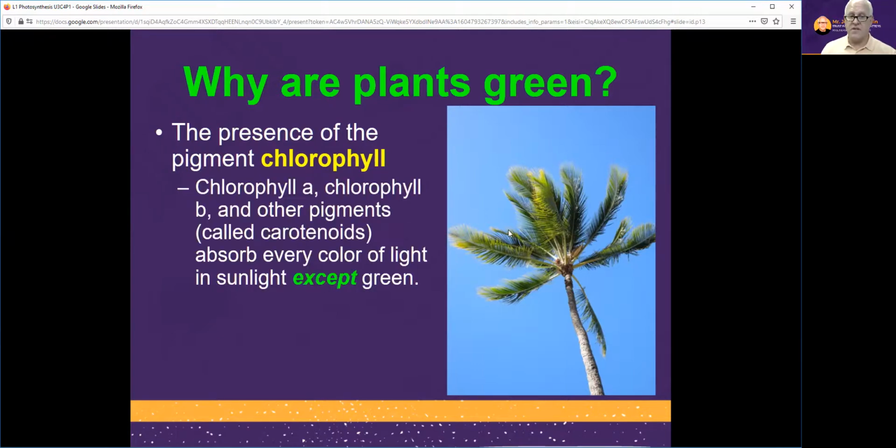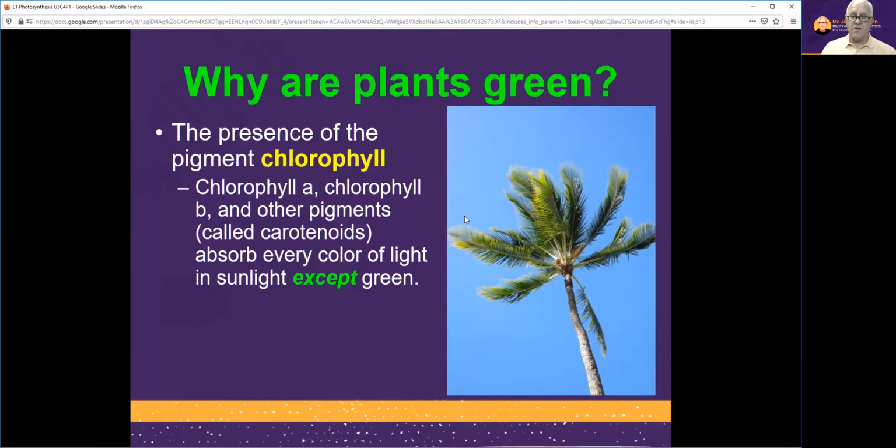And chlorophyll A and chlorophyll B and some other pigments called carotenoids absorb every color of the light spectrum except green. And so when it's absorbing all the other colors of light of the spectrum except green, green is reflected back, and that's what you see.